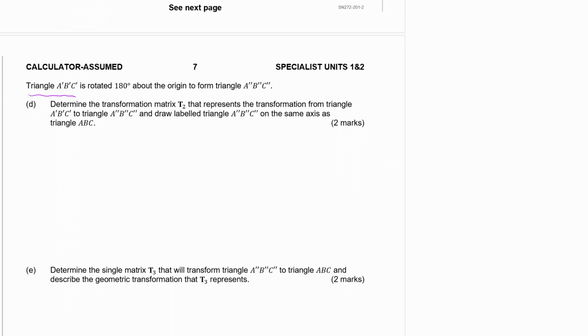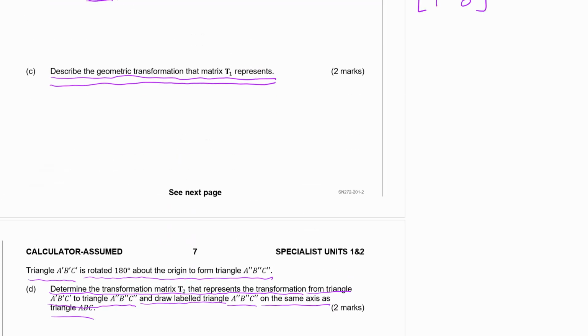Triangle A'B'C' is rotated 180 degrees about the origin to form A''B''C''. Determine the transformation matrix T2 that represents the transformation from triangle A'B'C' to A''B''C'' and draw and label triangle A''B''C'' on the same axes as triangle ABC.